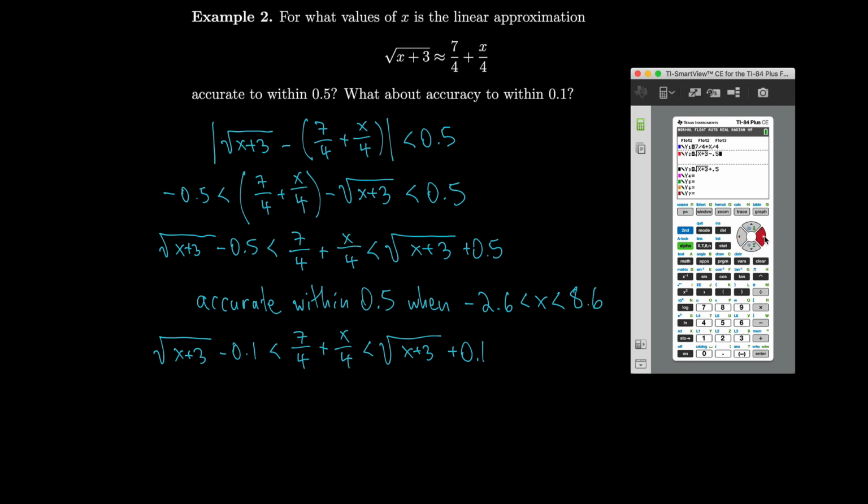We'll change this to 0.1. Hit graph. It's a little bit harder to see now, but it's probably still above. Let's double check. Hit zoom. Yeah, so the blue curve is still above the red curve, but it crosses with the black curve. So it looks like we should be good over there.